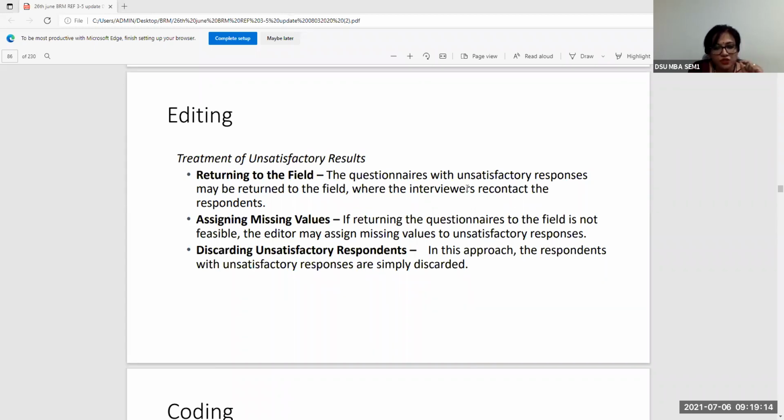Now, can I ask you a question, all of you? What kind of code can you put in for this situation where the respondent did not answer any of 1, 2, 3, 4, or 5? What code will you put in order to indicate that this particular question was not answered?